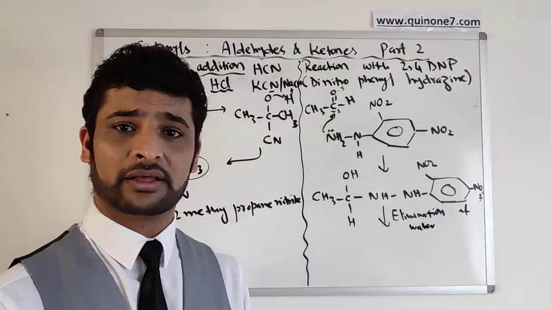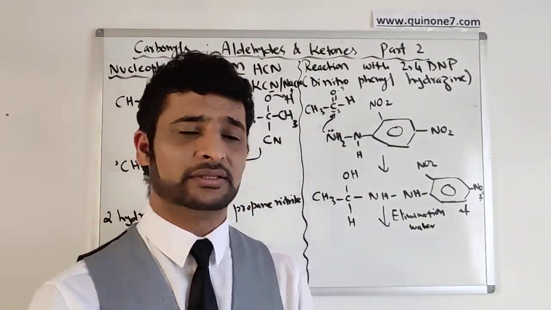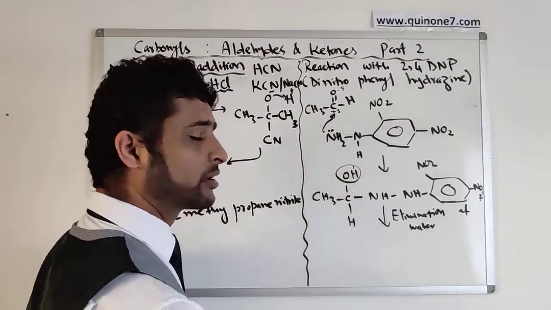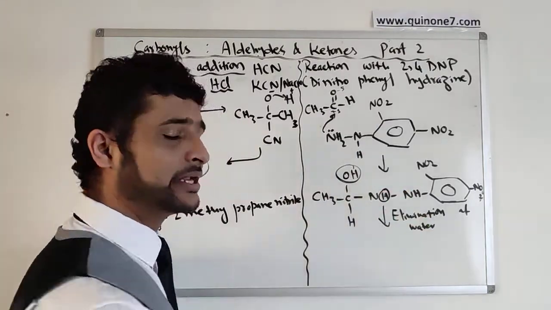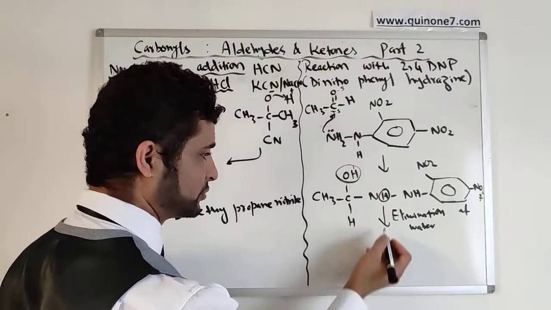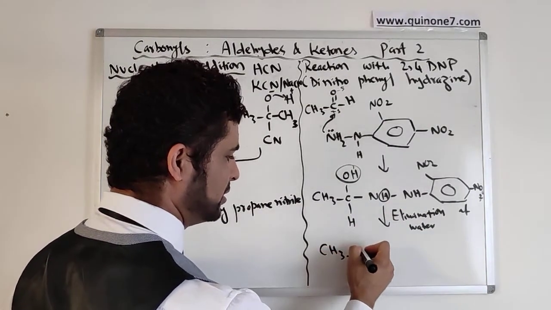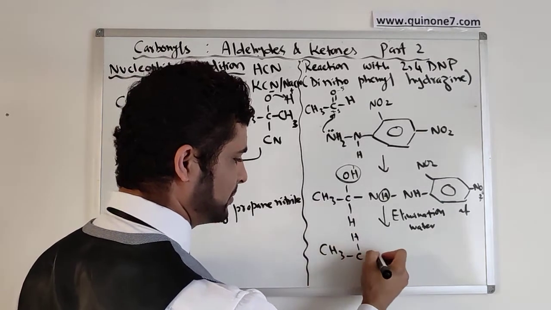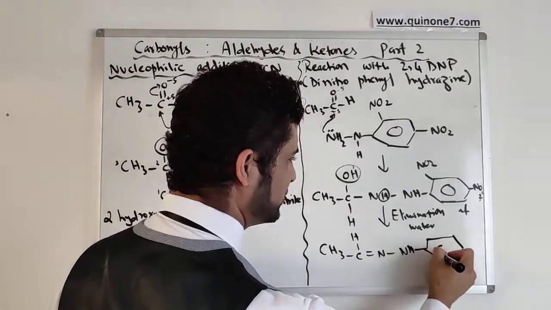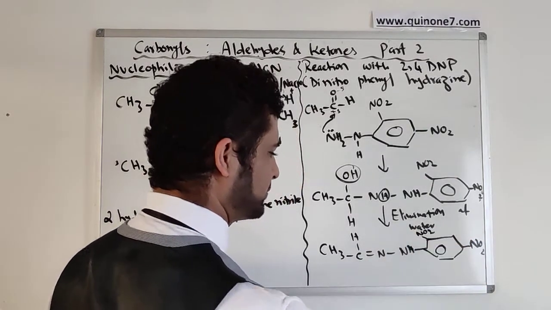If you remember in the alcohols chapter, when you dehydrate an alcohol you produce alkenes. So here you do the dehydration: the OH from the carbon and the hydrogen from the nitrogen next to this carbon atom are lost, so that takes the water out. That will produce CH3, CH double bond N, NH bonded to the benzene ring, with NO2 and NO2.